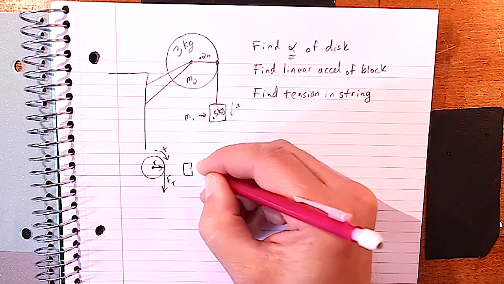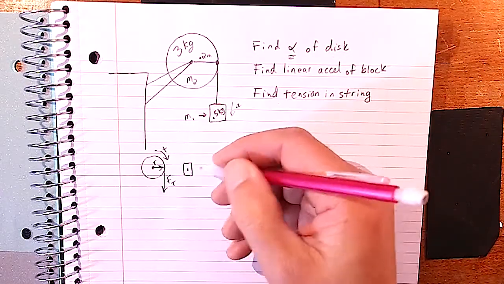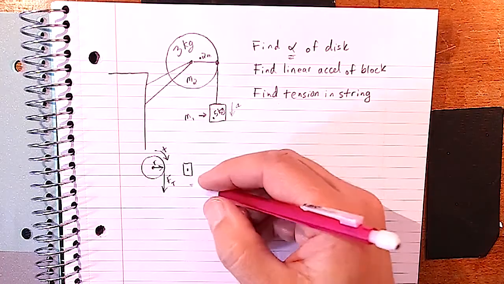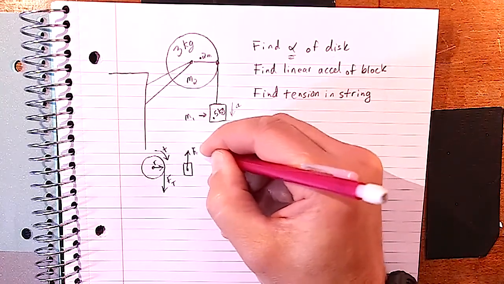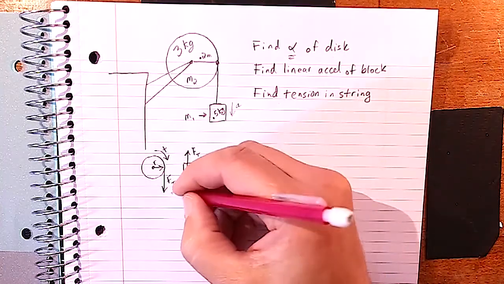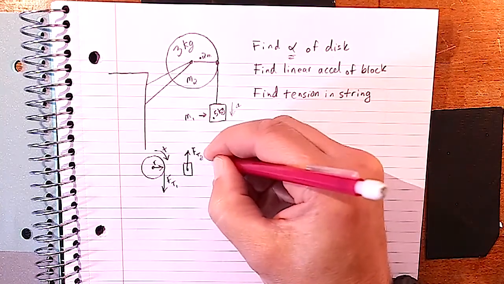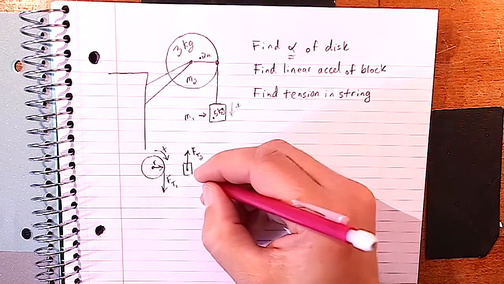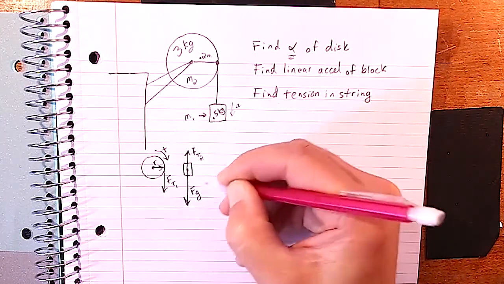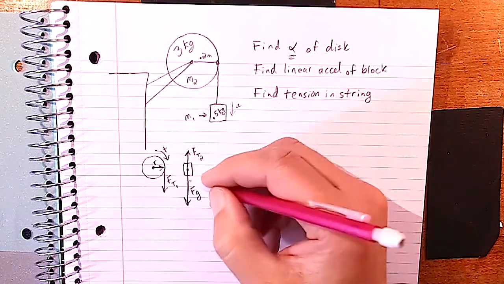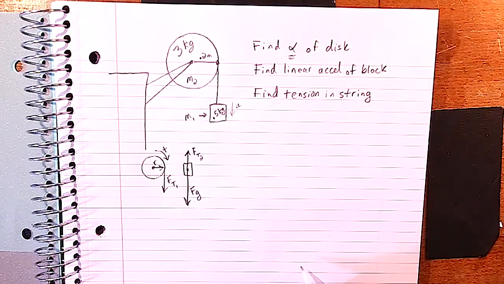Well, we have the force on the block. So what forces are acting on the block? Well, we have the equal and opposite force of tension here. So we don't get confused, let's call that force of tension 1 and force of tension 2. And then we have the weight of the block, which we know has to be larger so that there's a net force down and acceleration.